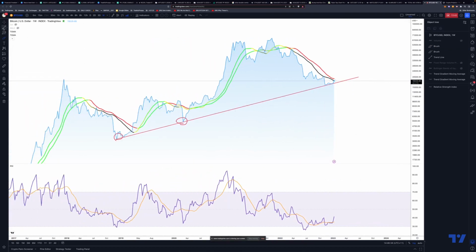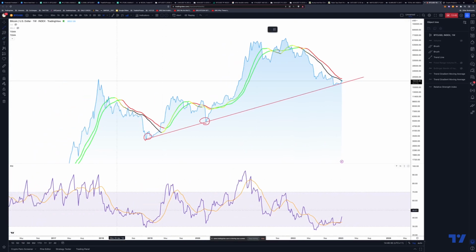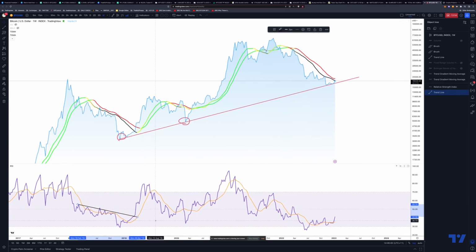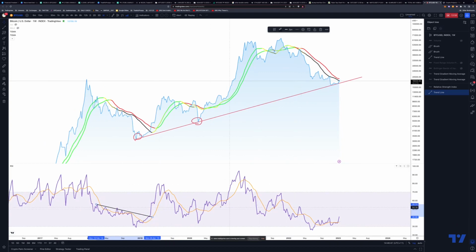From the RSI perspective, historically, when we break a particular level, we get confirmation that it's bullish. Now this one is a difficult one to do, because if you use the top to the bottom, it looks bullish.